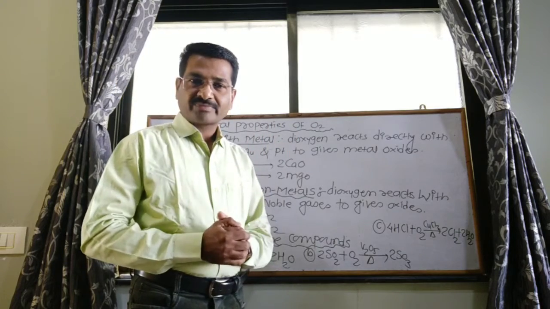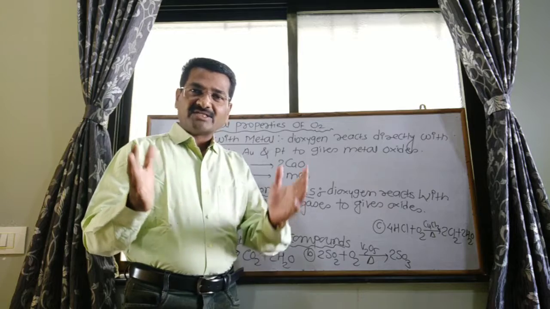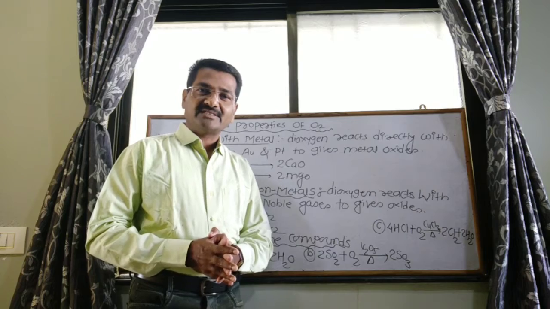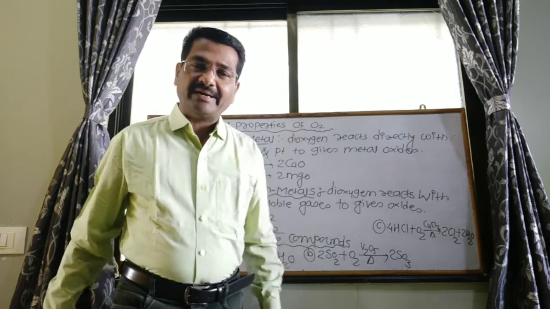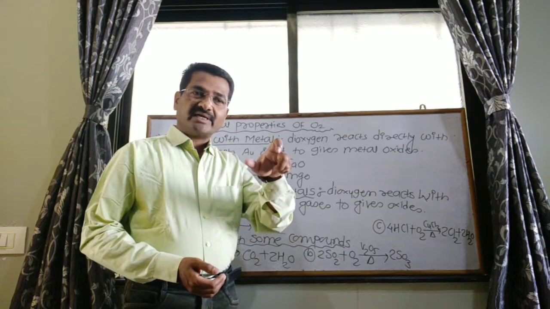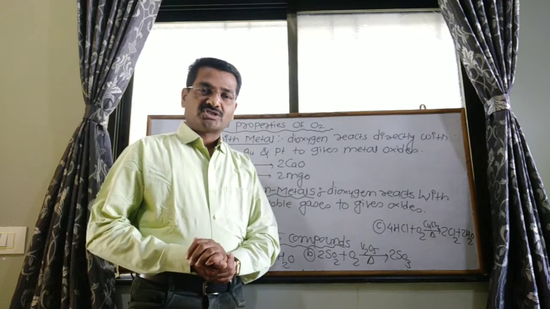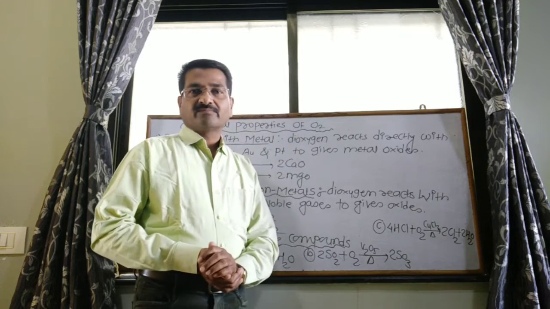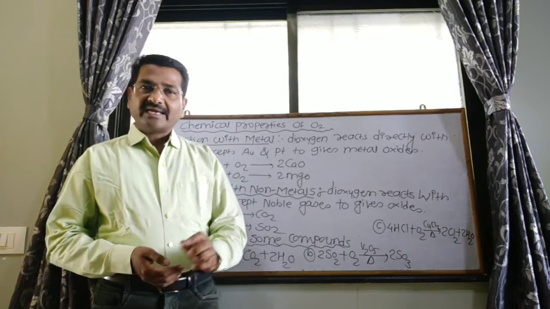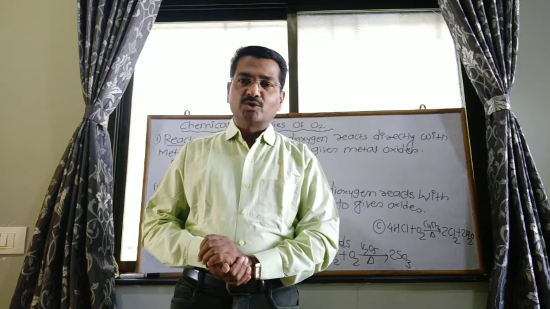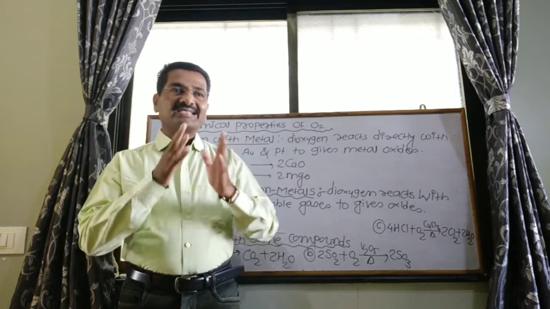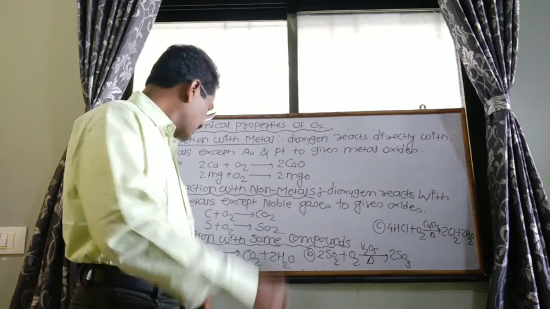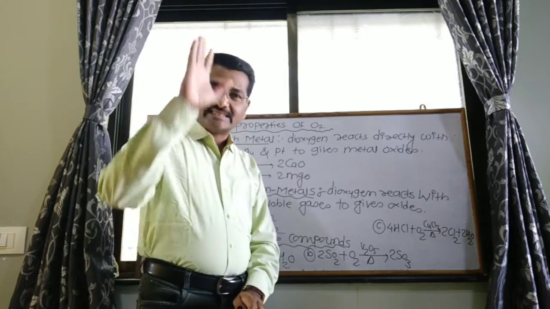Second use: oxygen combines with acetylene to form the oxyacetylene flame, which is used for the cutting and welding of metals, generally in welder shops. Then oxygen cylinders are used in hospitals, and the last use is the combustion of fuels. These are the uses of oxygen already seen yesterday.